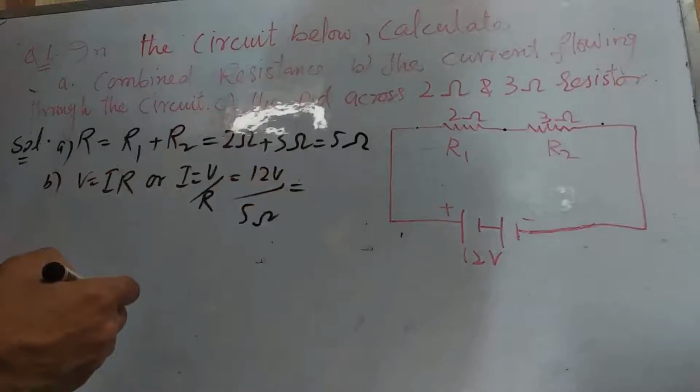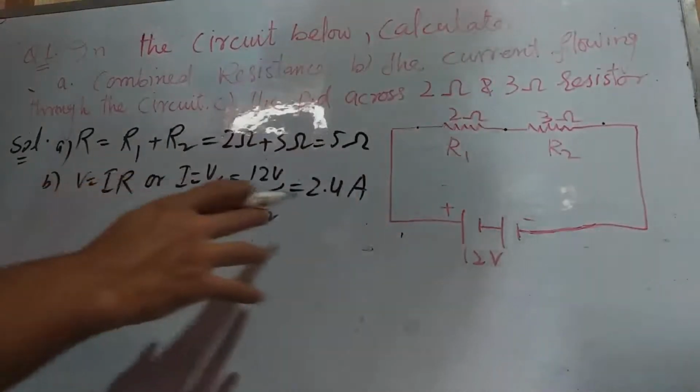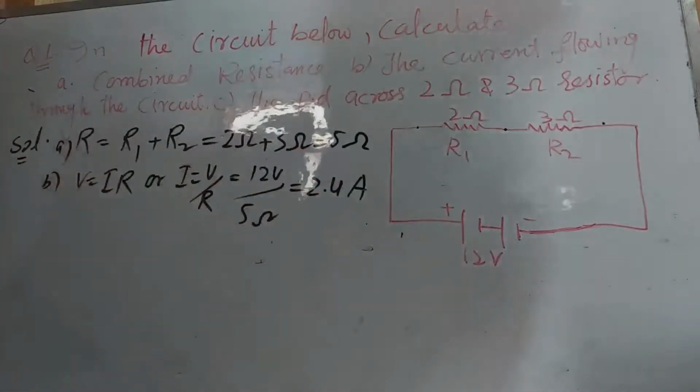So 12 divided by 5 will be equal to 2.5 ampere. This ampere is the unit of current.